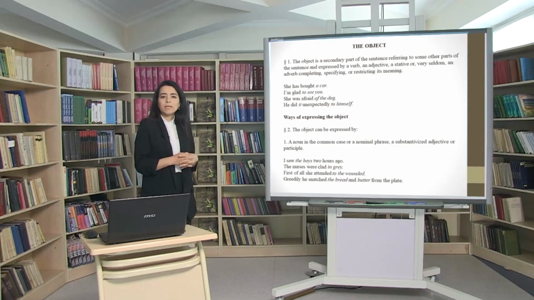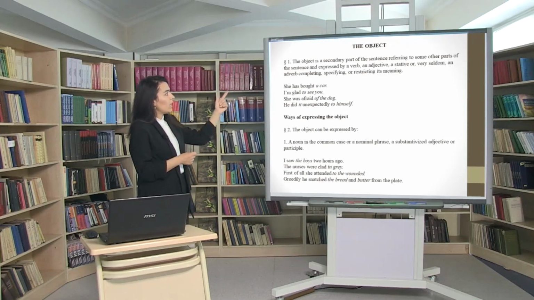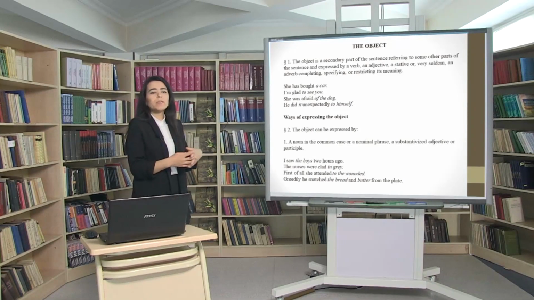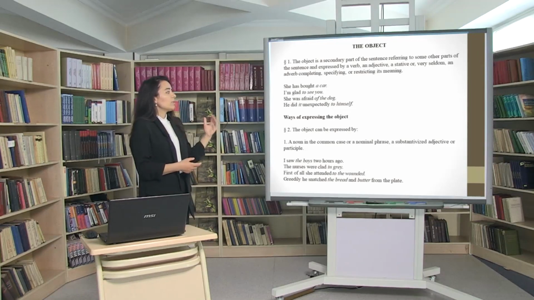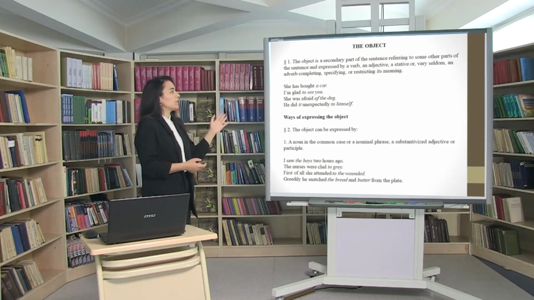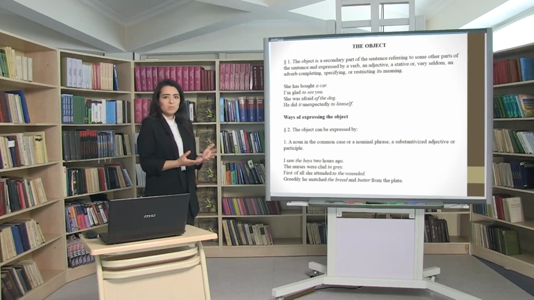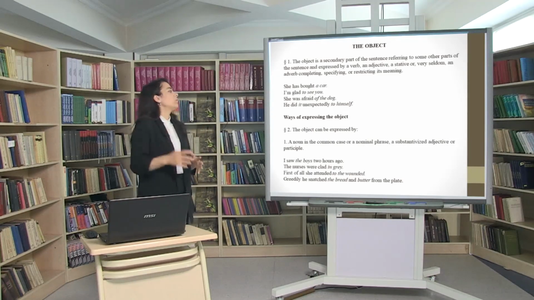To see you is an infinitive, and infinitive constructions, gerundial constructions can express the object in the sentence. She was afraid of the dog, and this is a prepositional phrase. He did it unexpectedly to himself, and to himself is a pronoun, a reflexive pronoun.